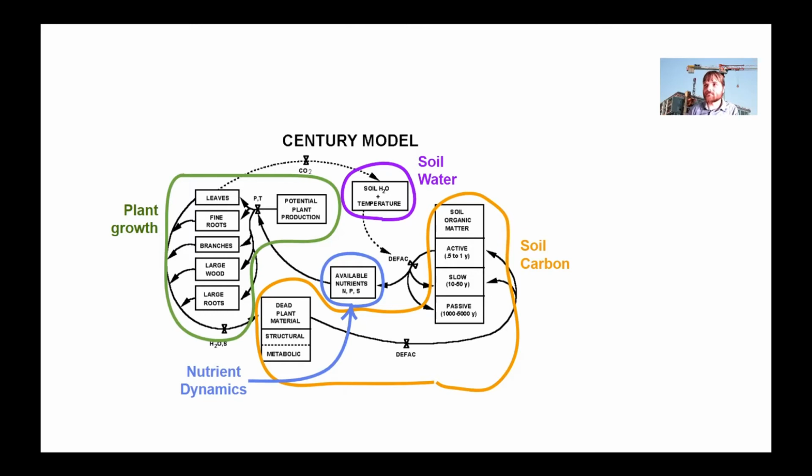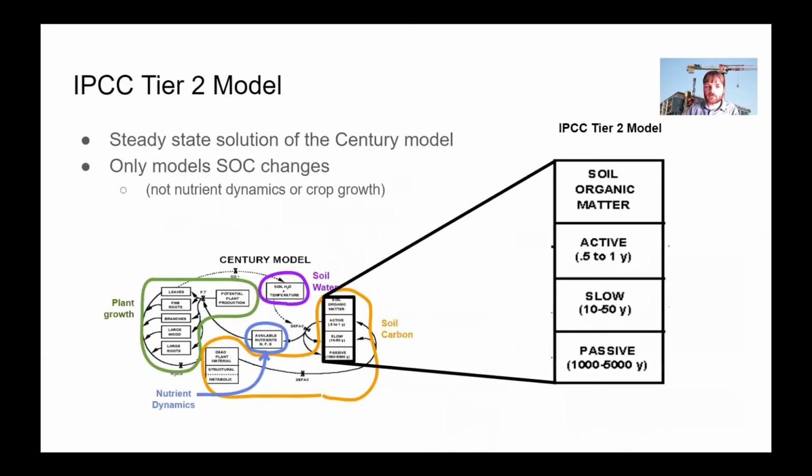I was explaining this kind of issue I was having to some government researchers last week, and they thankfully kind of agreed and said they were researching another model that was based on the Century model that they called the IPCC Tier 2 model. And this is what's called a steady state solution of the Century model.